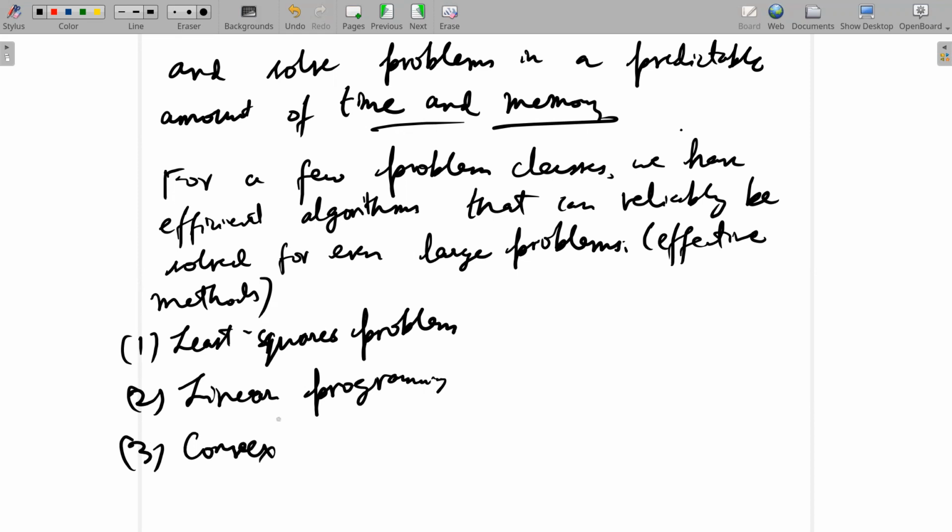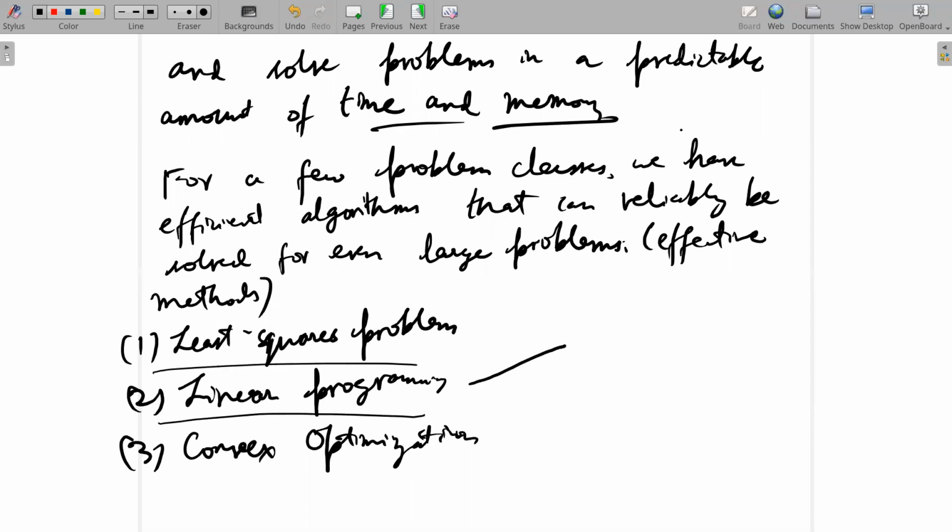In fact, it supersedes these two. But that does not mean we'll start with the highest level of abstraction and then specialize. In fact, we'll go the opposite direction. We'll look at these very special examples. For linear programming, the algorithm we'll study is known as the simplex method, due to George Dantzig, 1947.